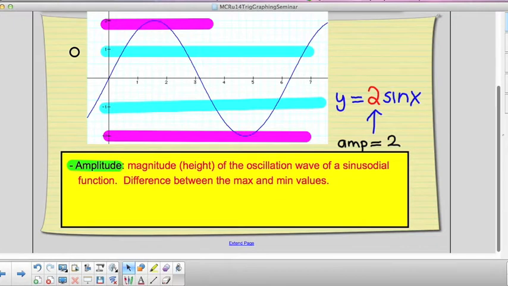That's why I wrote the definition, the difference between the maximum and minimum values, because if you get a situation like that, you have to actually use this formula in order to find the amplitude. So your amplitude is basically your maximum value minus your minimum value.